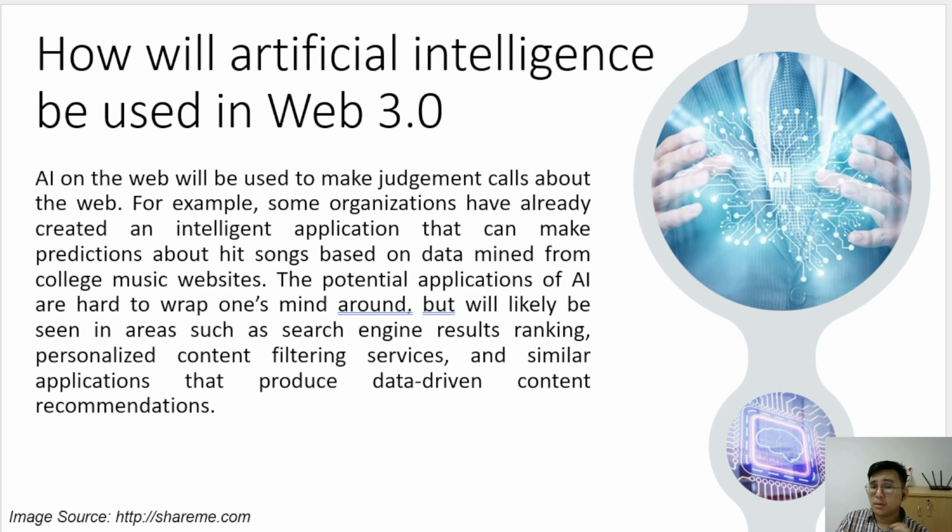For example, some organizations have already created an intelligent application that can make predictions about a song that could be popular in the future from college music websites. The potential applications of AI are hard to wrap one's mind around, but will likely be seen in areas such as search engine result ranking.